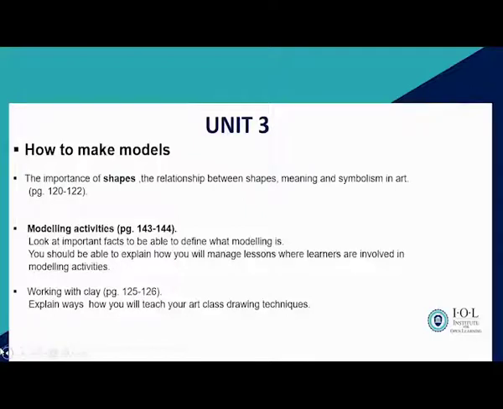Now, I want to stop for a while and explain more. In the past, whenever this question was asked, many students would explain nicely how you will manage lessons where learners are involved in modeling activities.